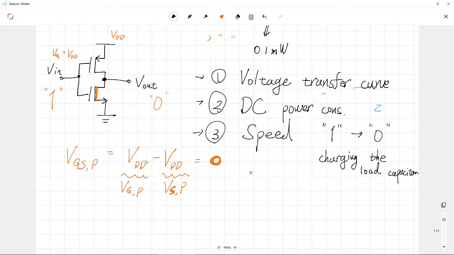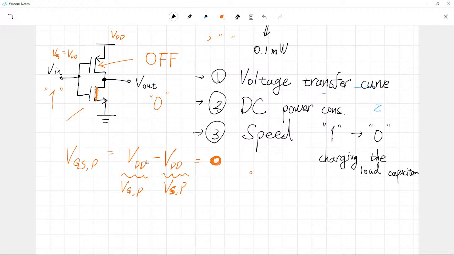Then what happens? Is the PMOS turned on or turned off? Your PMOSFET is completely turned off. And when it is completely turned off, compared with our counterpart resistor, it can provide us much higher resistance. That is the point.